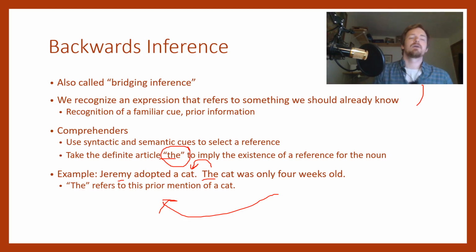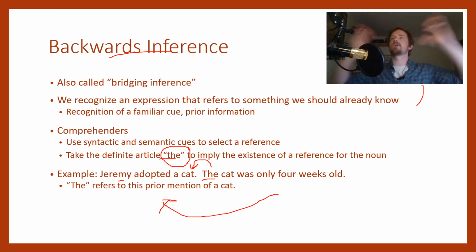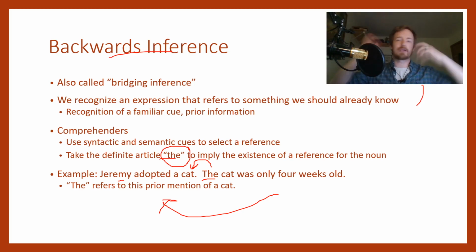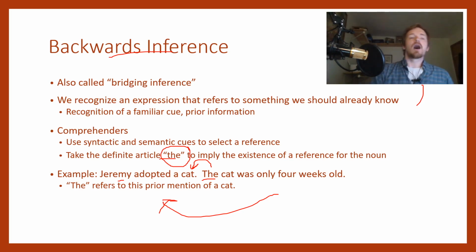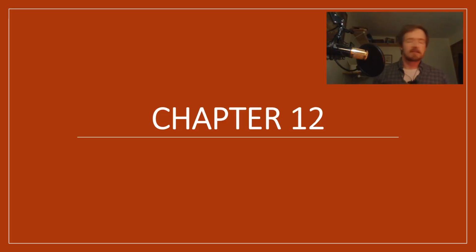And we do that through this bridging inference. That's going to help clear up ambiguity, but it's also going to help us connect these sentences to one another so that we can better understand the gist of this paragraph and why this paragraph is important.